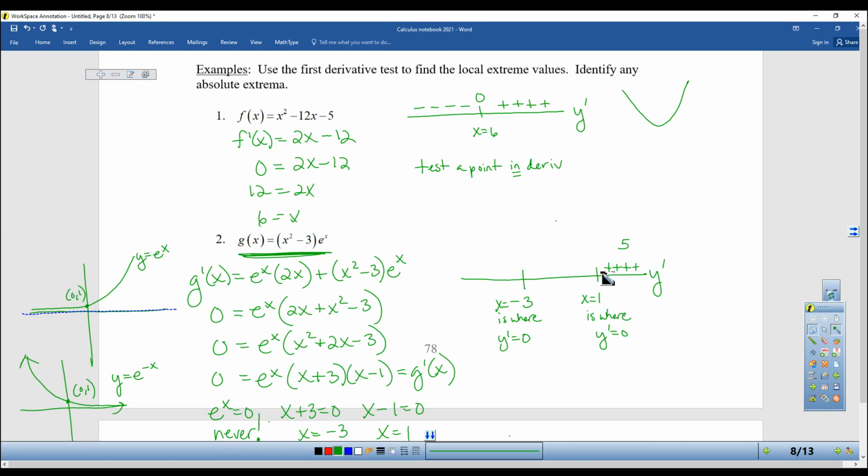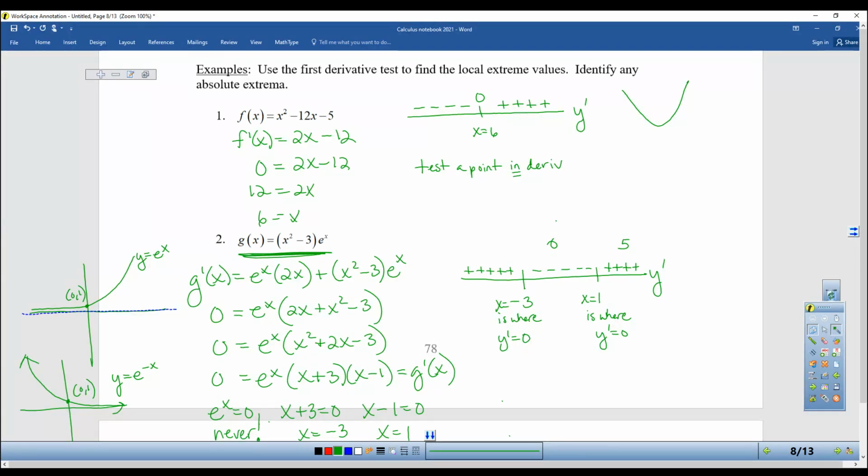So this graph, whatever it's doing, is rising. And then between -3 and 1, I can test 0. 0 would make, this is always positive, but this would make this negative. Now, some of you already think to yourself, this is definitely going to be positive. It is. You can test a point, and you can confirm that that's positive.